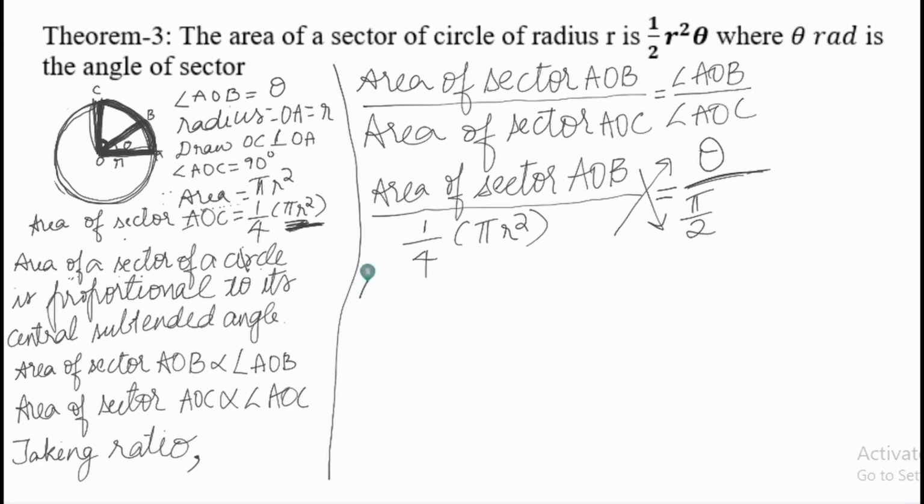area of sector AOB into pi by 2, which is equal to theta into 1/4 of pi r square.